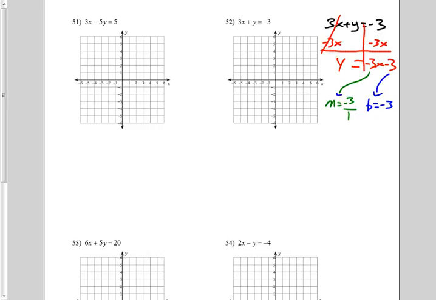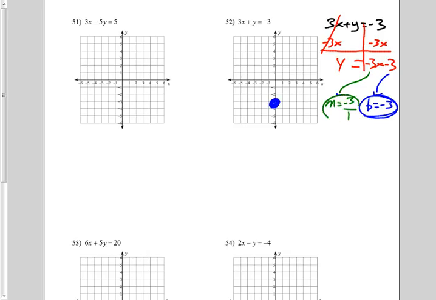Why does that help me? Well, the y-intercept is my point. It's my starting spot. So when I come to y equals -3, my y-intercept here, -3, that's my point right here to start. That's my starting spot. The slope tells me how to move from point to point.